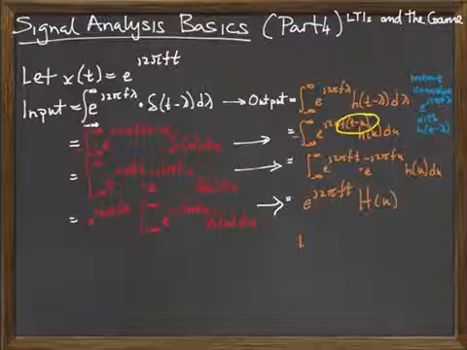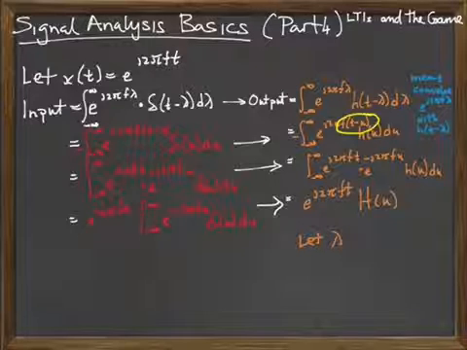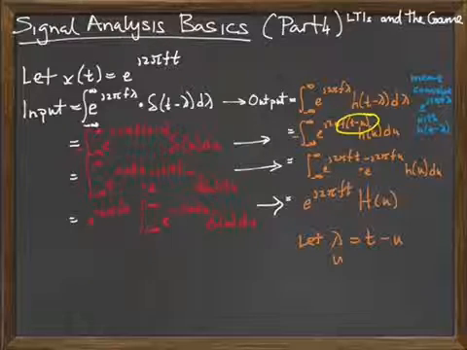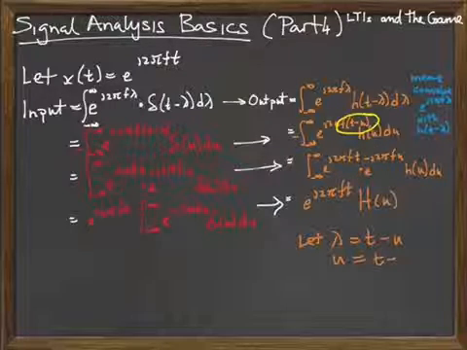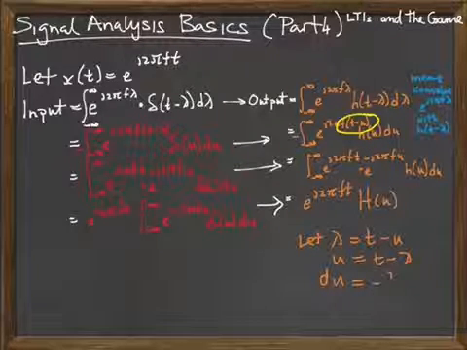I let lambda equal to t minus u, or better yet, u equal to t minus lambda, so that when we do our derivative, du will be equal to negative d lambda.